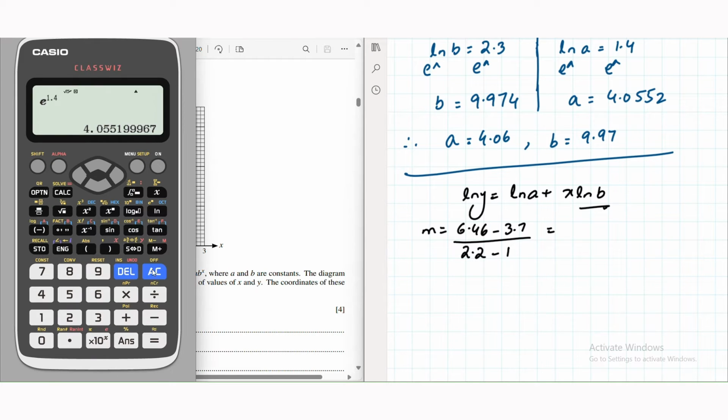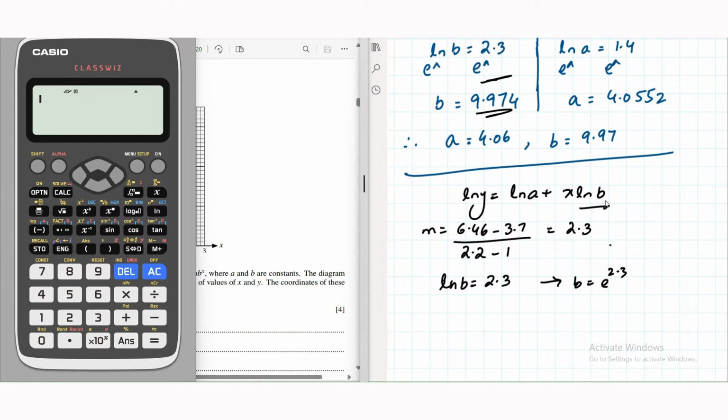So that would be 6.46 minus 3.7 divided by 1.2, that would be 2.3. Same thing which we got already. So since we know ln of b is 2.3, we would do the same thing we just did. We'd reverse the ln of 2.3, which is exactly the same thing.